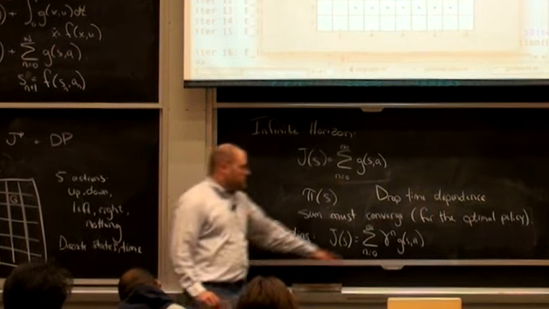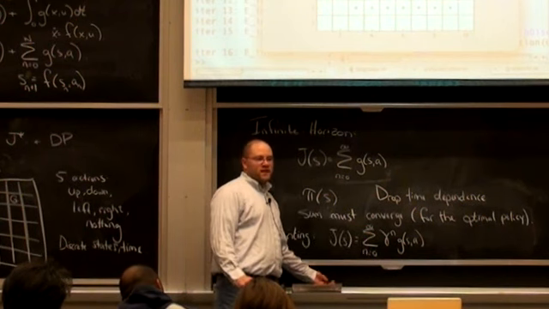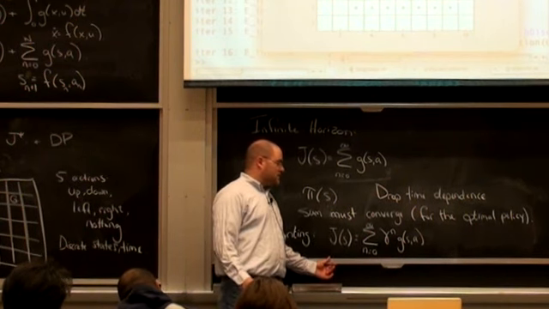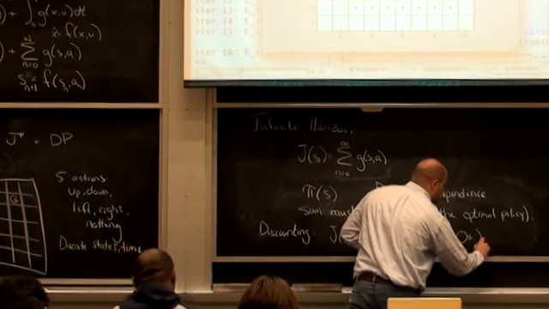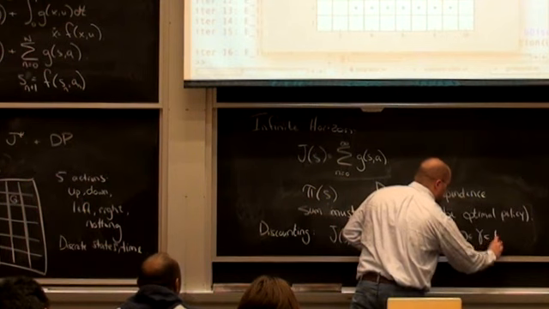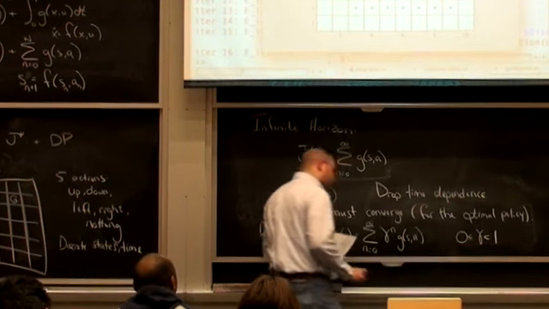For instance, and there's some problems which really do have discounting. Yeah? So that's less than 1? Yes, thank you. Good call.